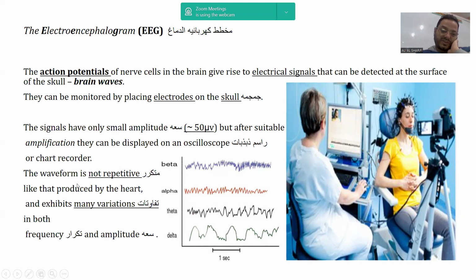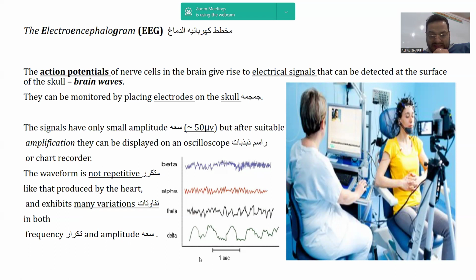Here, the waveform is not repetitive like that produced by the heart, and shows many variations in both frequency and amplitude. Here, it's easy to note the curve at delta is different from beta.